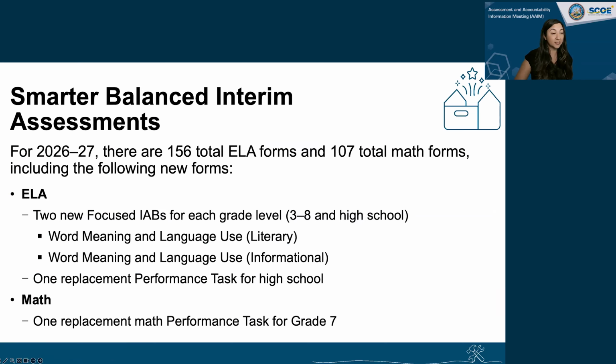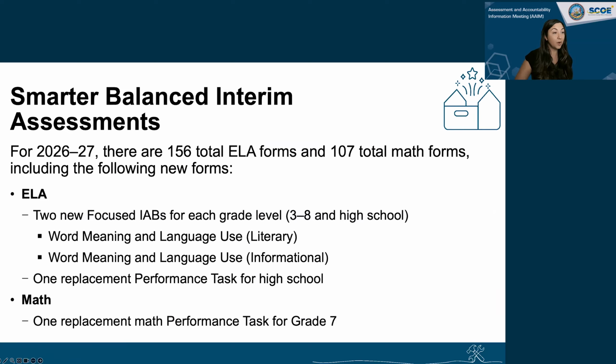For the 2026-27 school year, there are 156 ELA and 107 Math interim assessments to choose from, which includes several new forms. For ELA, there are 2 new focused IABs for each of grades 3 through 8 and high school.